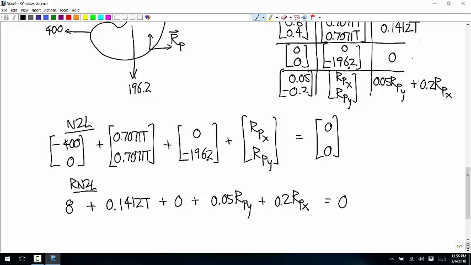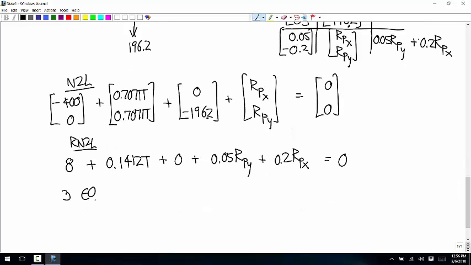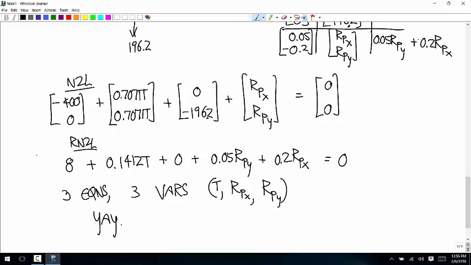And that is 3 equations for 3 variables. The variables are T, RPX, and RPY. So you can solve that. Yay! That's when you have the same number of variables as equations, that's when you're happy.